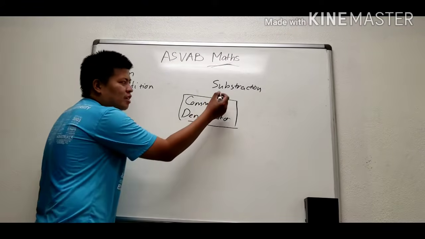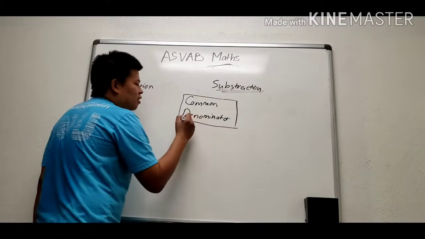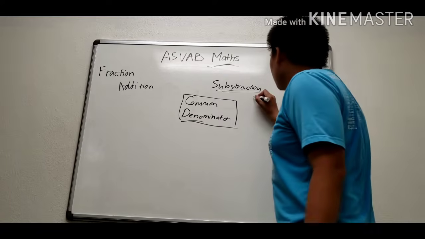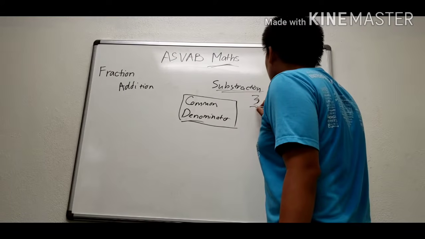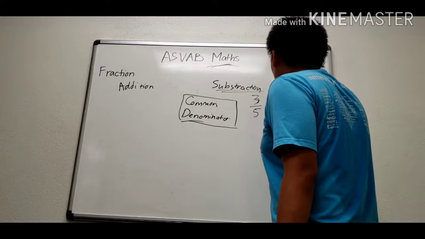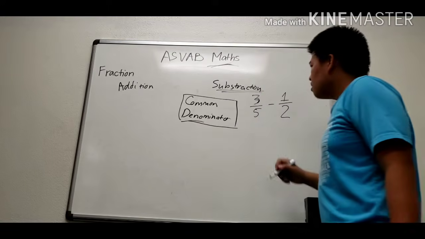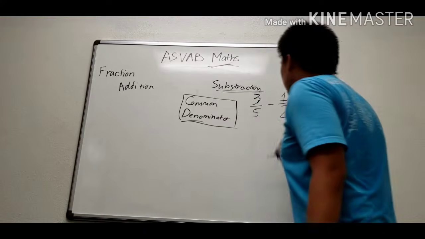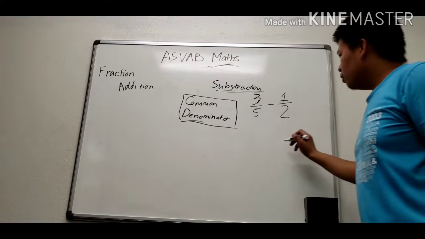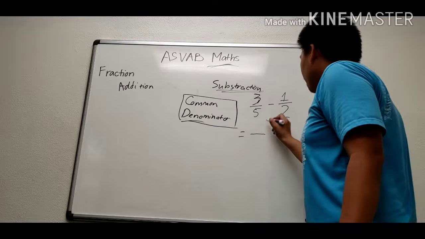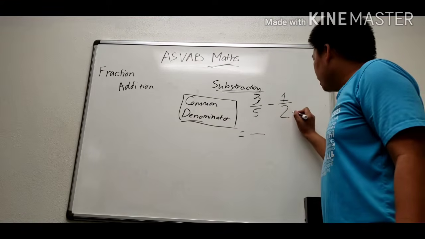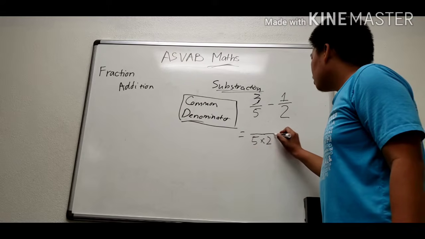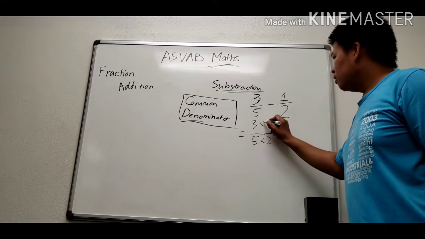The common denominator can be used in subtraction. For example, 3/5 minus 1/2. 3 over 5 minus 1 over 2. We have 5 in here and 2 in here. So the number 5 we multiply with 2, and 3 multiply with 2.